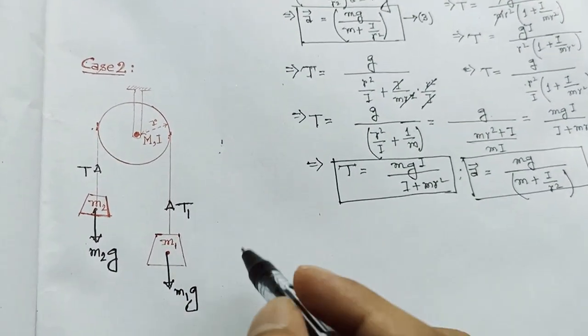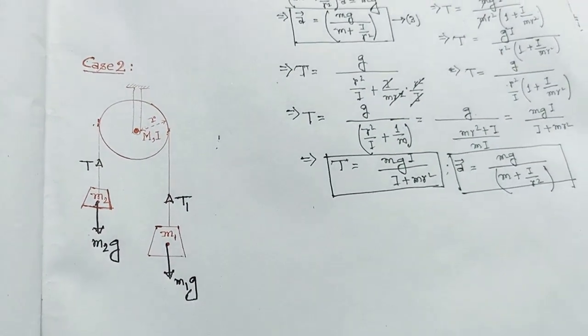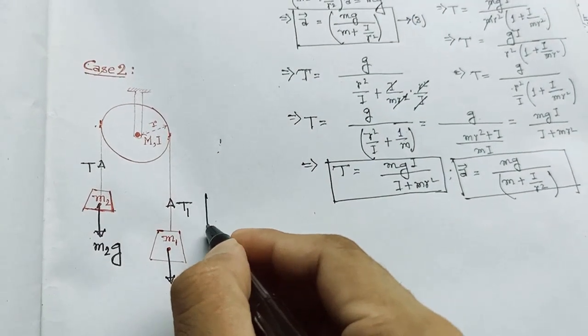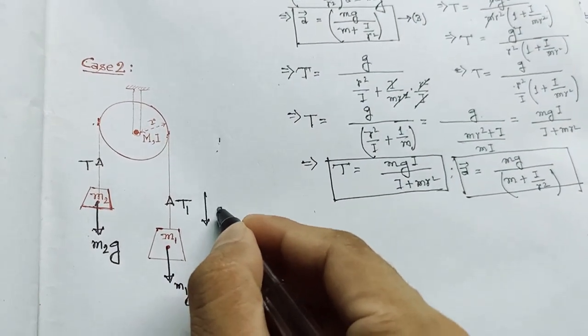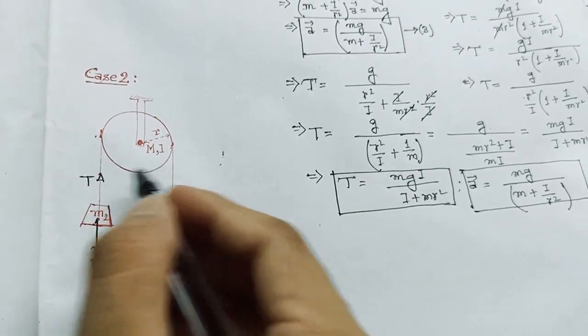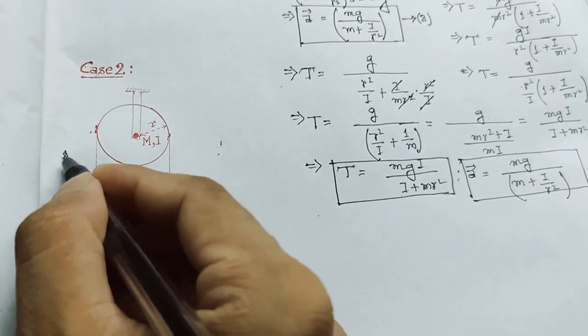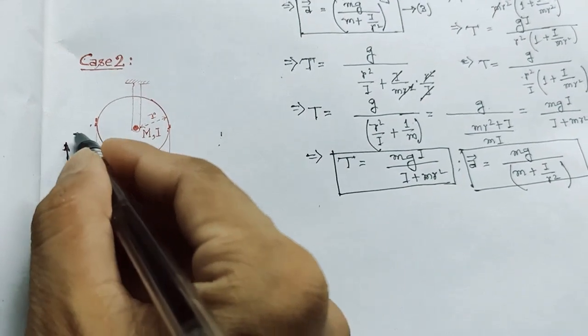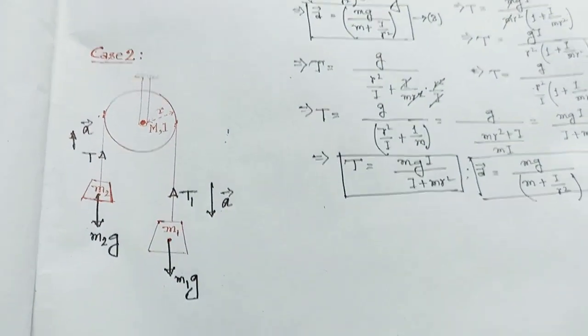As we assumed that m1 is greater than m2, the acceleration of m1 will act downward. This is the direction of our acceleration of the system, and for the mass m2, the acceleration will act upward. This is the direction of our acceleration a.